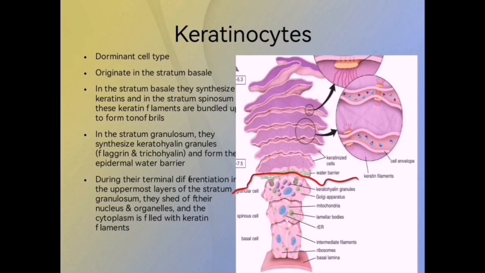Now, the cells within the stratum lucidum are anucleate, they do not have cell organelles, they are dead, and they are keratinized. At the uppermost layers of the stratum granulosum, the cells begin to undergo terminal differentiation, where they lose their nuclei and their organelles, and then they become dead cells.